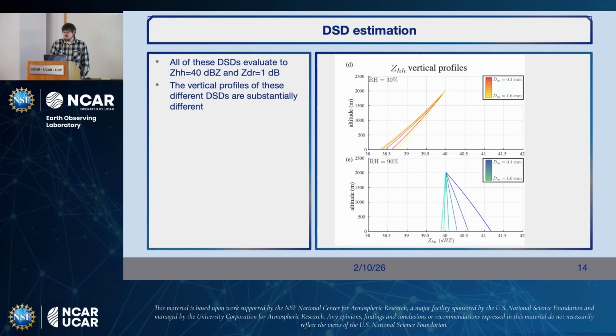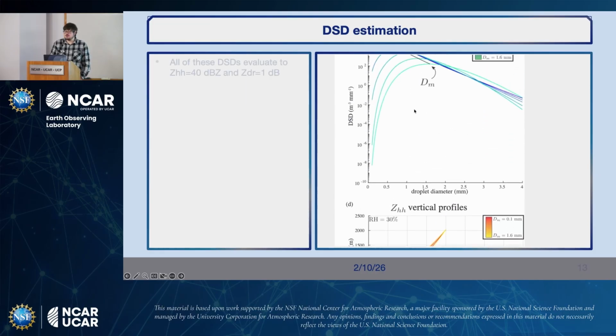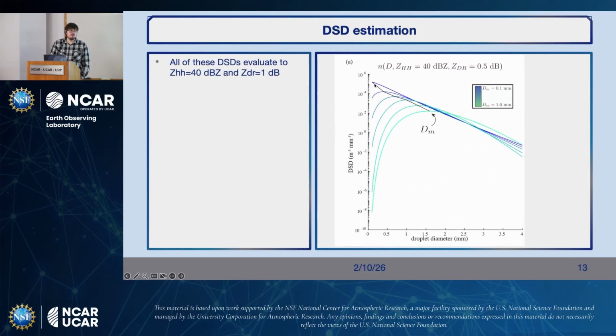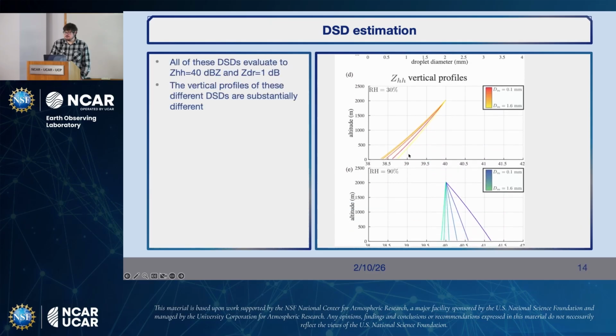The evolution of these different DSDs is going to be very different. What these plots show is the altitude on the y-axis. So we're starting at 2 kilometers altitude, and then taking these same drop size distributions from here, going from the darkest colored ones, or the drizzle type DSD, to the lighter colored ones, which are the heavier drops.